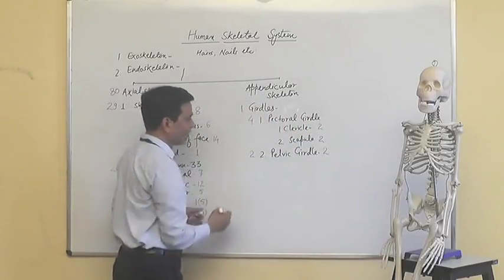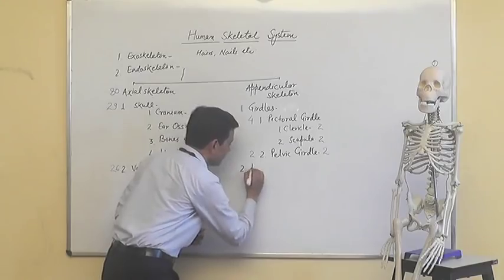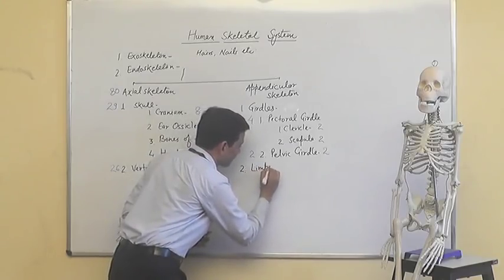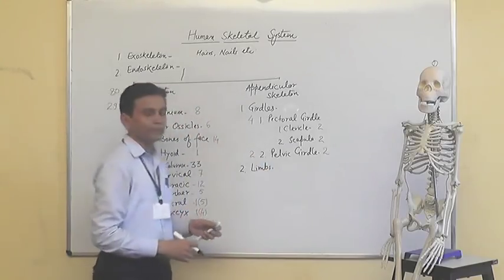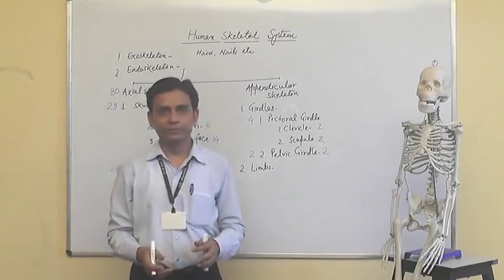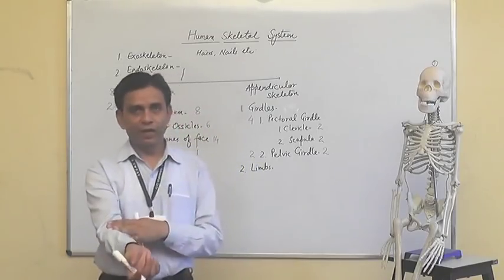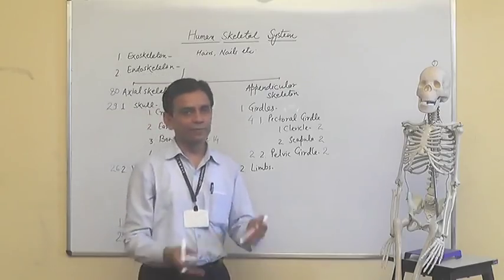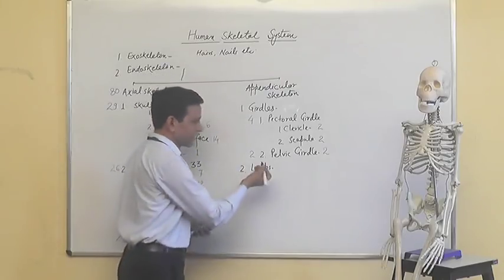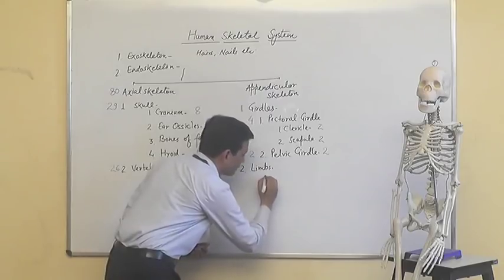The second part of our appendicular skeleton is our limbs. We have two pairs of limbs. The forelimb, our arm, and the hind limb, our legs.